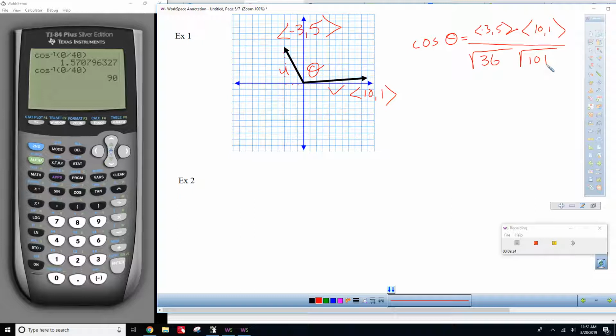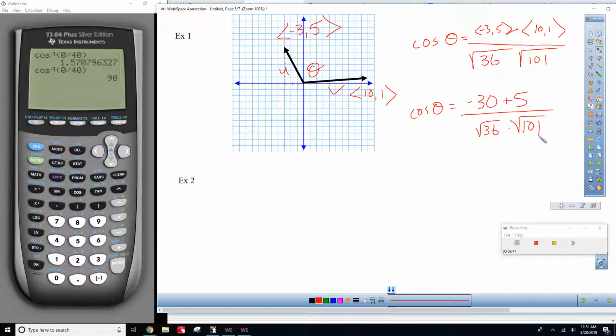Okay, so cosine theta is, that's a negative 3. Negative 3 times 10 is negative 30. 5 times 1 is 5. I swear I wrote a 5. Over radical 36 times radical 101.